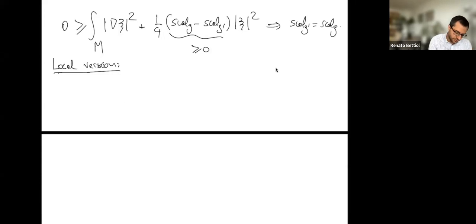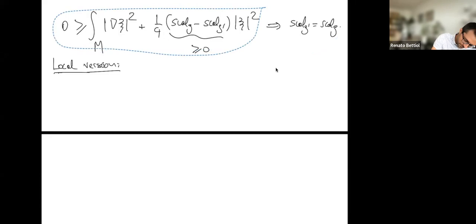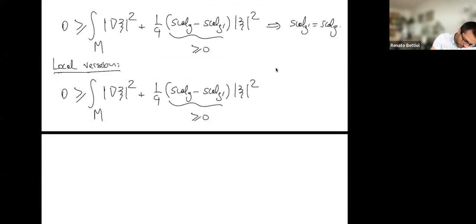But at this stage in the game, this very last line, the way that it would look on the local version is, well, I can, again, take advantage of still not using a blackboard. Maybe I'll just copy this part. So you would have some mean curvatures of the boundary showing up as well.